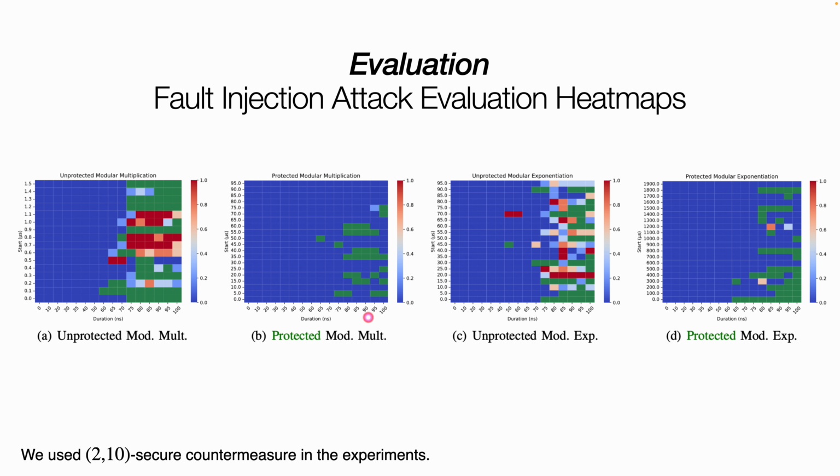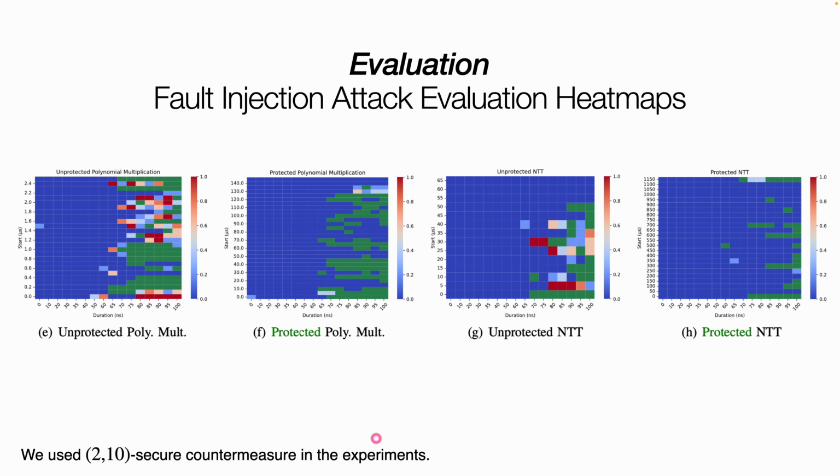So basically, how we arrange it is that we start introducing faults at different start points over the calculation, and we keep injecting the fault with different durations. If the duration increases, the probability of hitting a fault also increases, but it is concentrated in this region for the unprotected modular multiplication operation. But for protected operations, you see almost all faults are green.